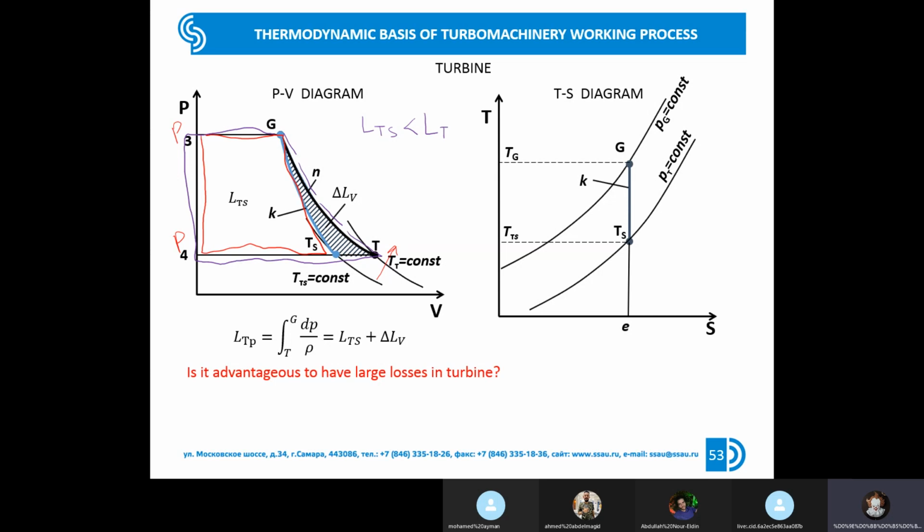And it really looks like in the turbine we could receive efficiency of more than 100% in this picture. But of course, in reality, it's not true. So the area T 4 3 G is the specific work of polytropic expansion. It is not the work which we extract from the turbine. It's from polytropic expansion.